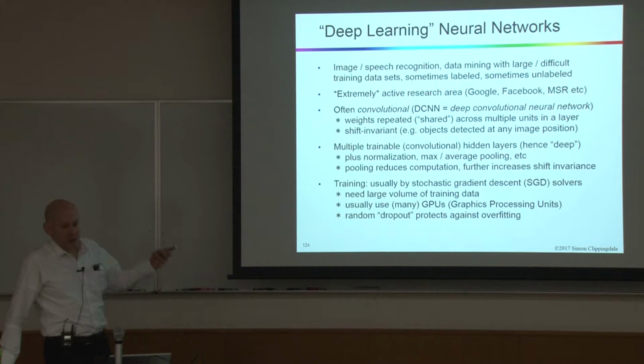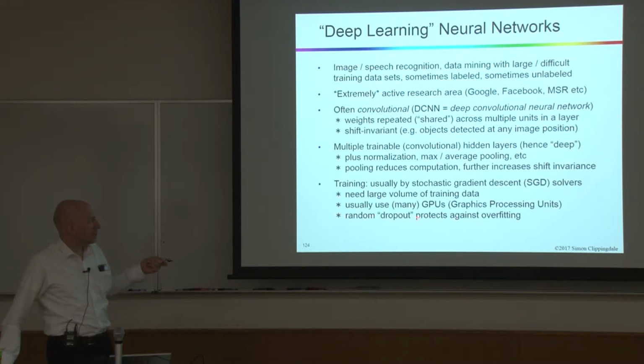Originally the idea was to speed up image processing, because image processing on video cards does a lot of shift invariant operations, and so the graphics processing unit emerged as a way of taking some of the load away from the CPU and putting some of the computational power onto the graphics card. These things are also, for the same reasons, very good for training neural networks.